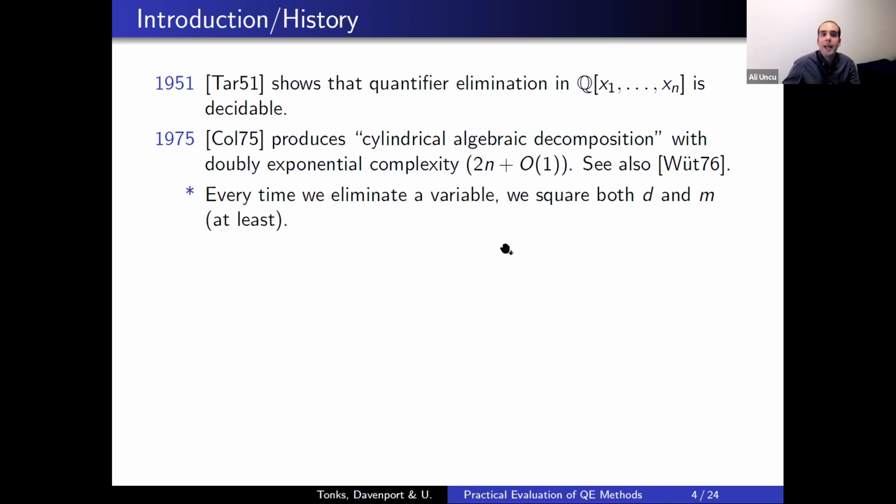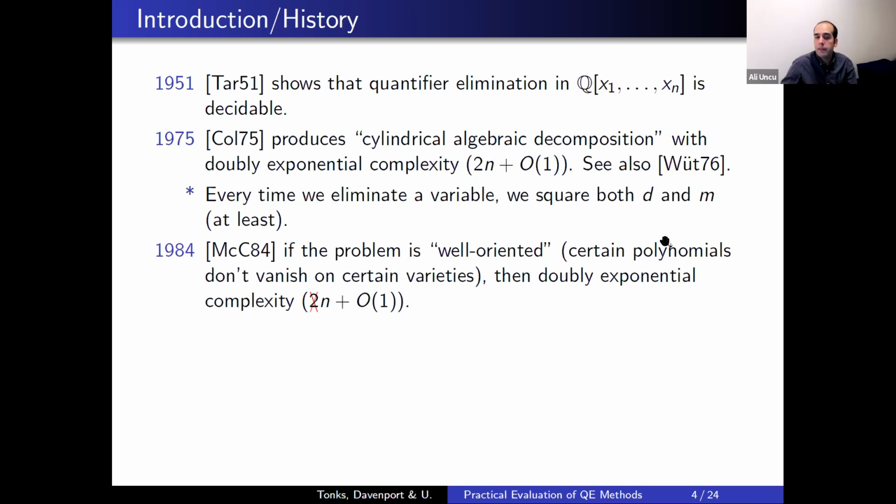That is because every time we eliminate a variable, we square both the total degree and the number of polynomials. So everything doubles at every projection while we're getting rid of one variable at a time.